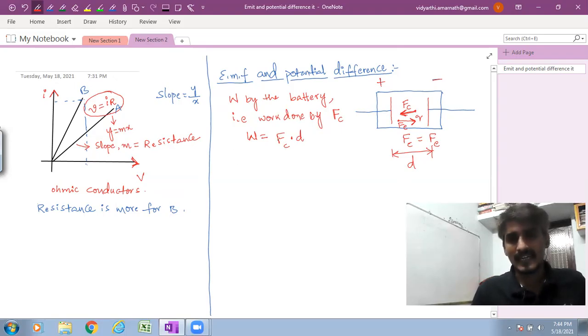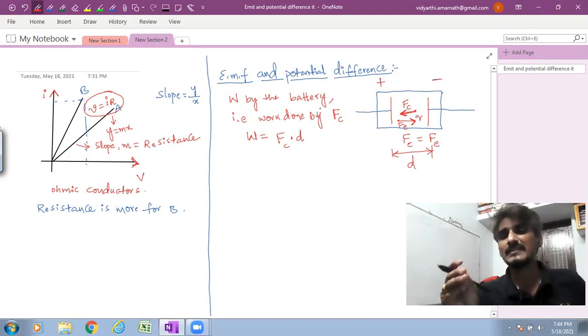So the work done per unit charge, if we consider, is actually the work done by the chemical force to move a particular charge in between the two terminals. From where to where is it bringing that charge? It is bringing this charge from one end to the other end, a distance d. Yes or no? Therefore, work done by that chemical force can be written as Fc into d.